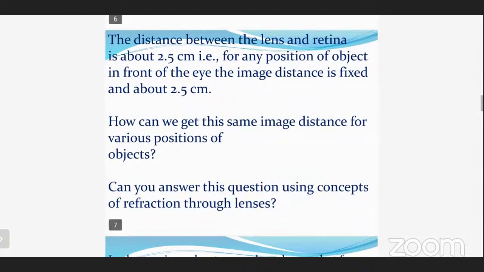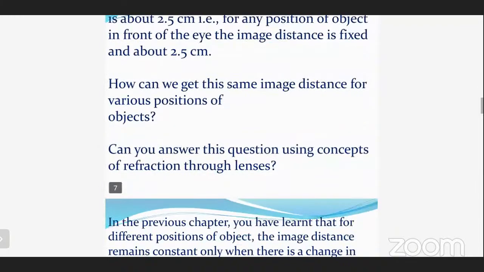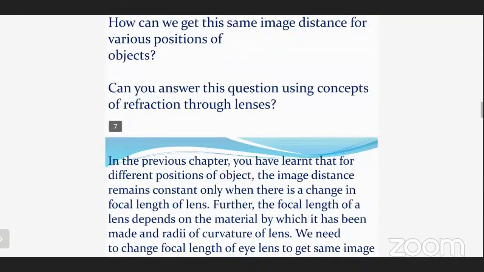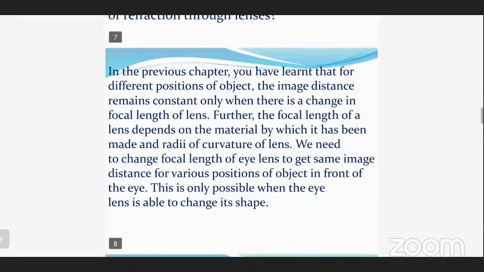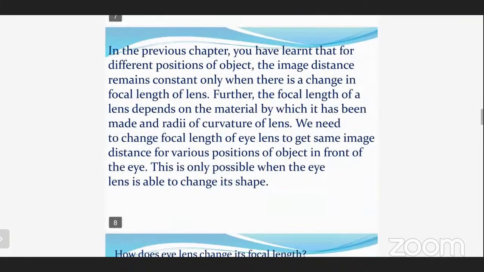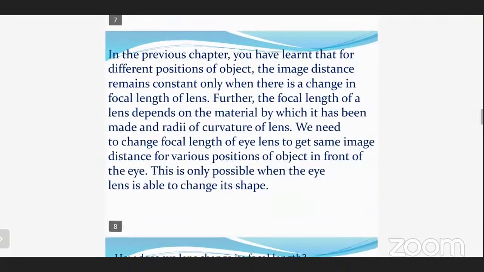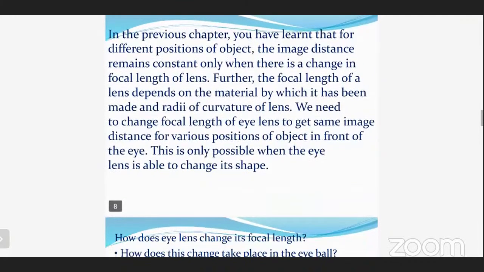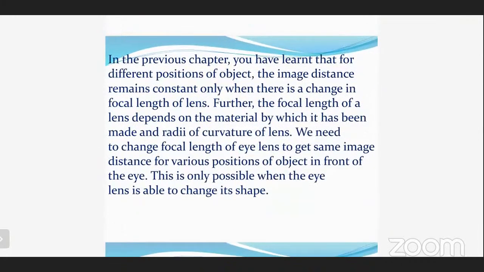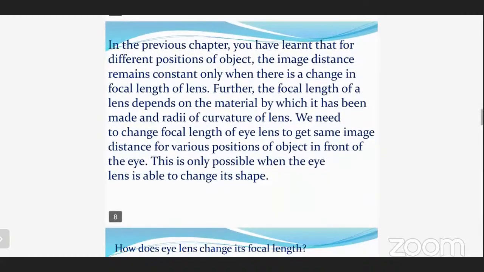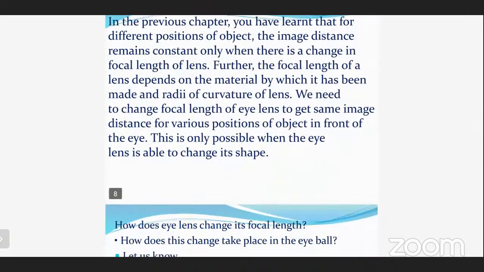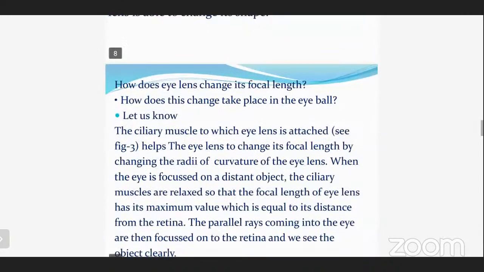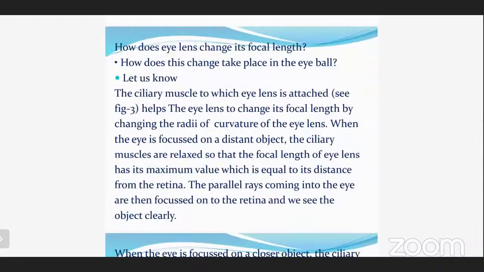So how can we change it? Yesterday we discussed which component is used for adjustment of focal length. Do you know what it is? Ciliary muscles. We need to change the focal length for image formation. It depends on the radii of curvature.